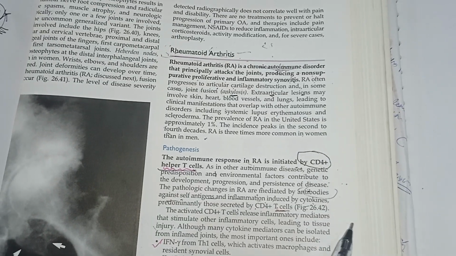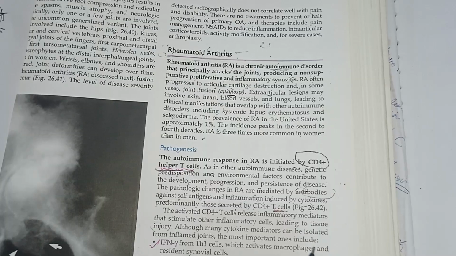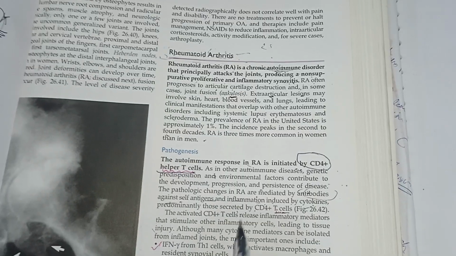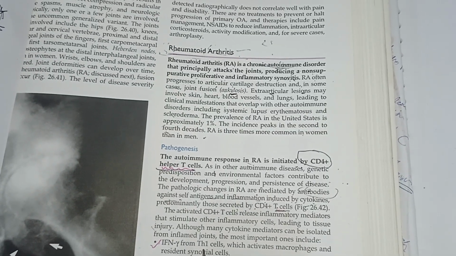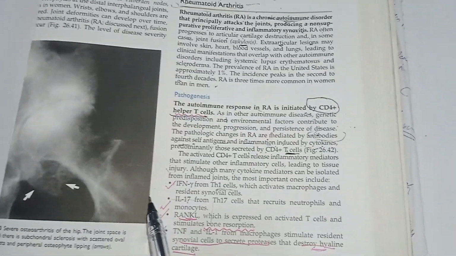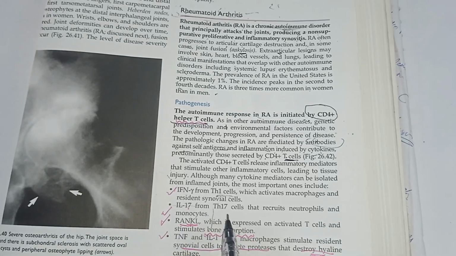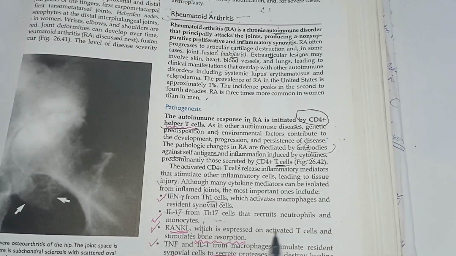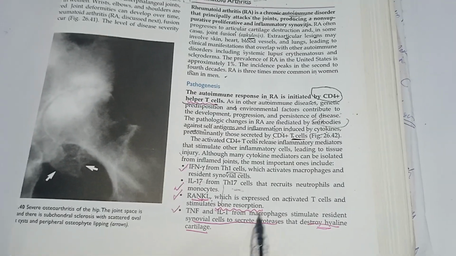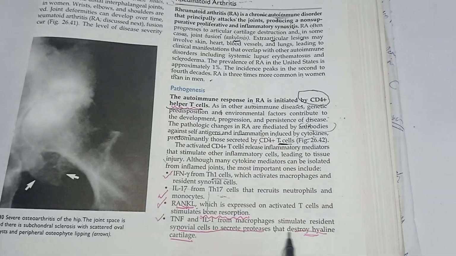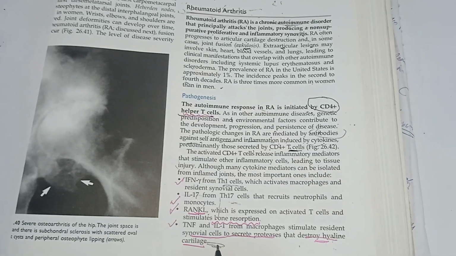Many cytokine mediators can be isolated from the inflamed joint, and the most important ones include interferon gamma from the helper T1 cells, which activates the macrophages and the resident synovial cells; interleukin 17 from helper T17 cells, which recruits neutrophils and monocytes; RANK ligand, which is expressed on activated T cells and stimulates bone resorption; and lastly, TNF and interleukin 1 from the macrophages, which stimulate the resting synovial cells to secrete certain proteases that destroy the hyaline cartilages.